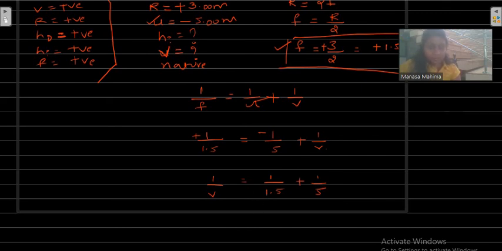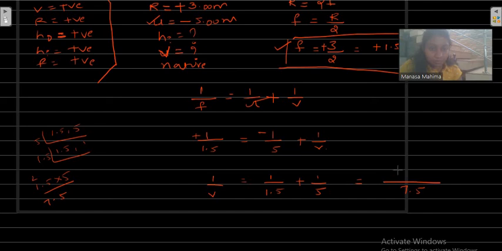Is it correct? So if you take the LCM, you will get 1.5 into 5. If you multiply 1.5 with 5, how much you will get? 7.5. So you will get 1 by 1.5 into 7.5.